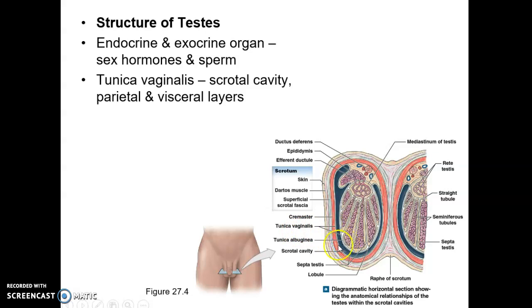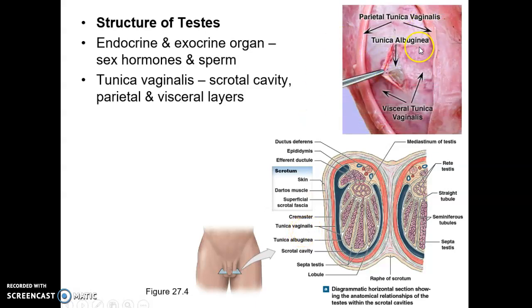And deep to that, as we'll see, there's the tunica albuginea. The reason the terminology vaginalis applies to the coverings on the testis is because of the homologous development of numerous structures in the male and the female.